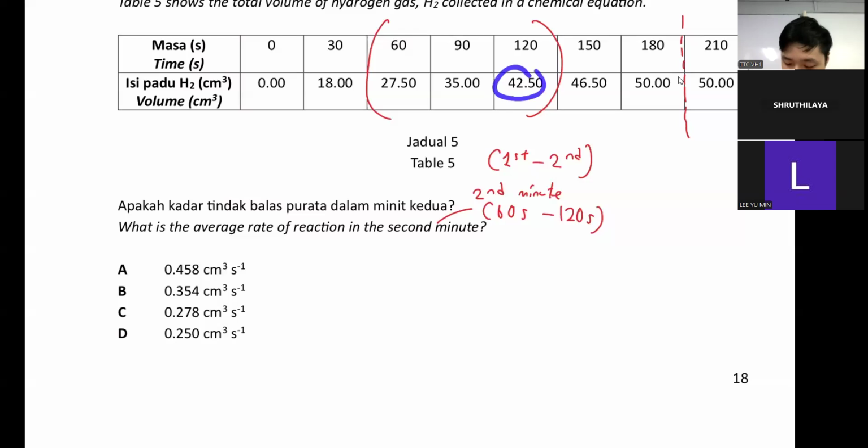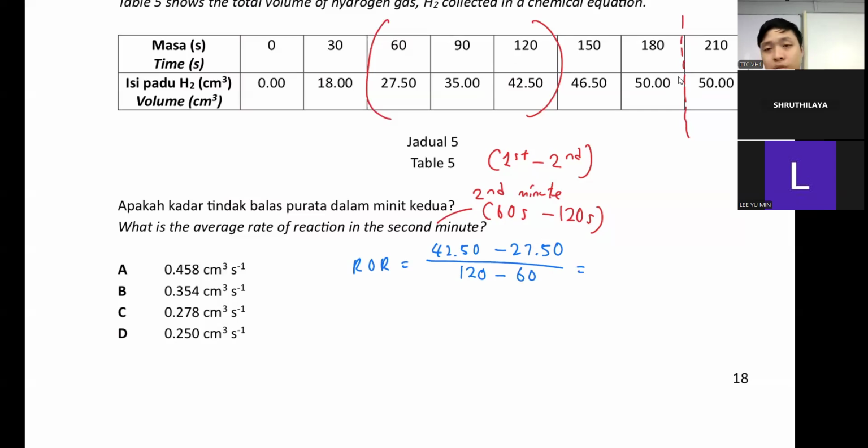So what we have to do is, for the rate of reaction, you have to use 42.0 minus 27.5 divided by 120 minus 60 seconds. That will be your final answer.